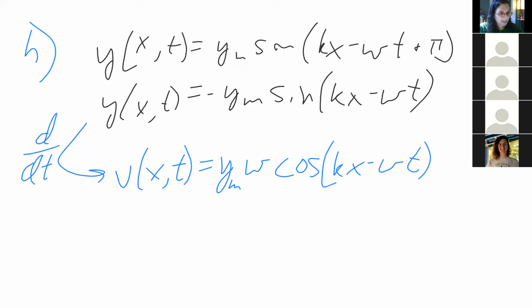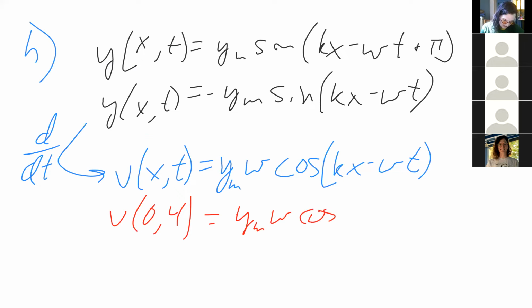And then they ask us to evaluate x equals 0 and t equals 4. So I just need to do v of 0 comma 4, which will be our y max we already have, our omega, we already have, cosine of, our k, which we already have, but that's actually times 0 anyway, so that'll go away.